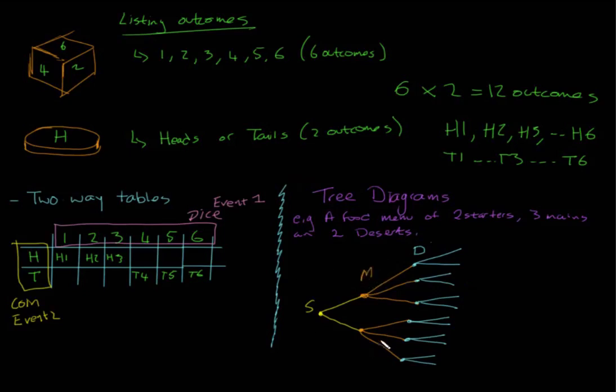Now, the last thing that we need to do is we need to include here the probability of each. So if we come back here to our starters, there was 2 starters. So say you're going in and it's a set price for a 3-course meal. I'm going to have a starter, I'm going to have a main, and I'm going to have a dessert.